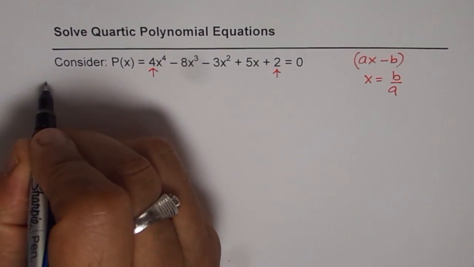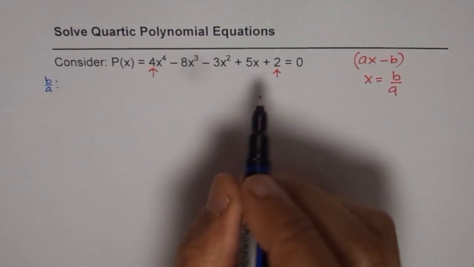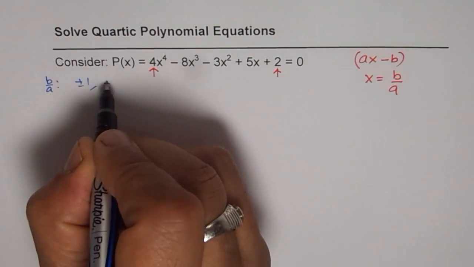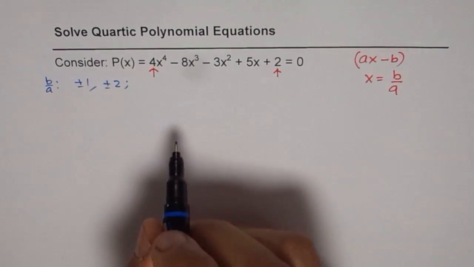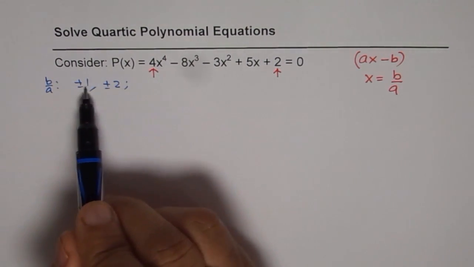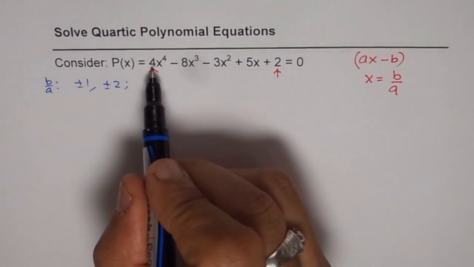So we can write possible values of b over a as first the factors of 2, which are plus minus 1 and plus minus 2, and then factors of 2 divided by factors of 4. Well, when we say this, we have divided them by 1, correct? Now let's divide them by other factors of 4, like 2 and 4.